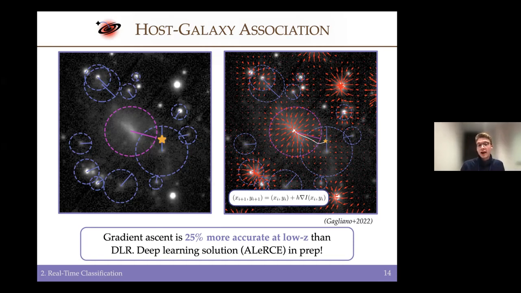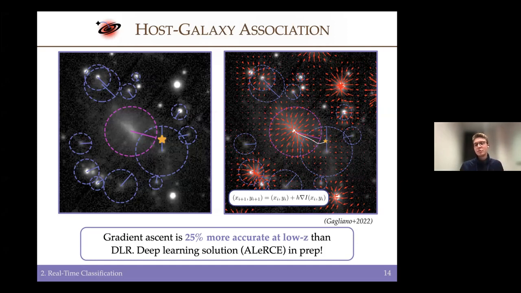And for this work, I created a method called the gradient ascent method, which uses the postage stamp directly of the field. And it takes the brightness of the image at the location of the transient and traces it to a local brightness maximum, which, if you've done it right, should correspond to the center of the true host galaxy.